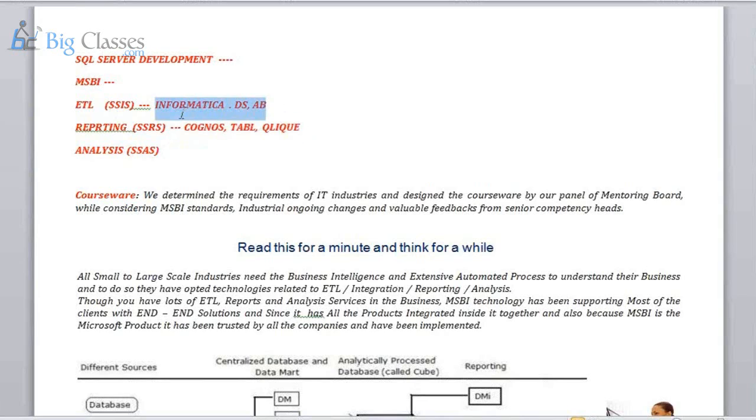So they have to buy each and everything separately, which is again a cost increasing factor. That is why even on Dice or Career Builder or Monster or Naukri, if you just type SSIS, you will see a lot of openings for SSIS and SQL Development.